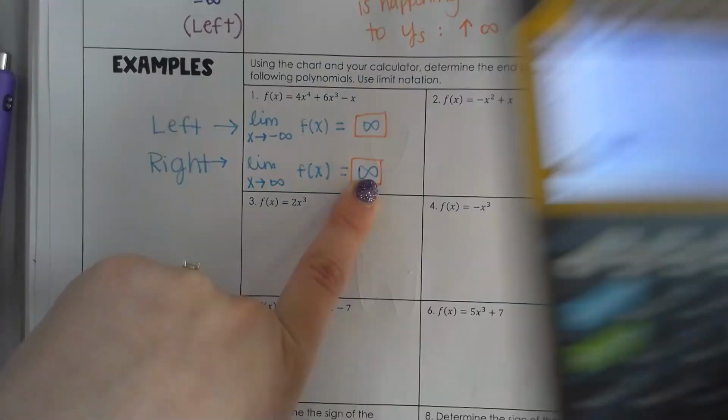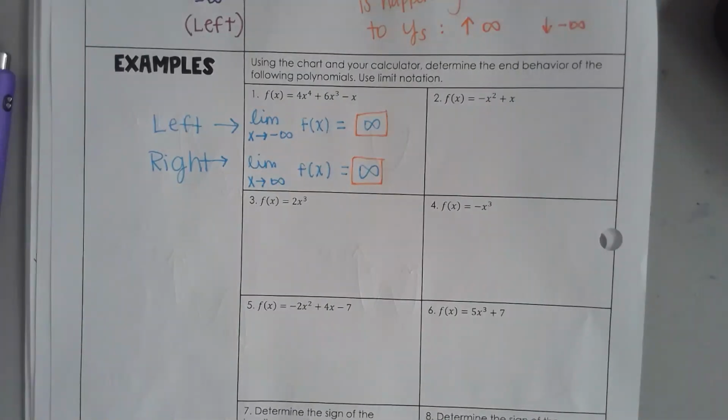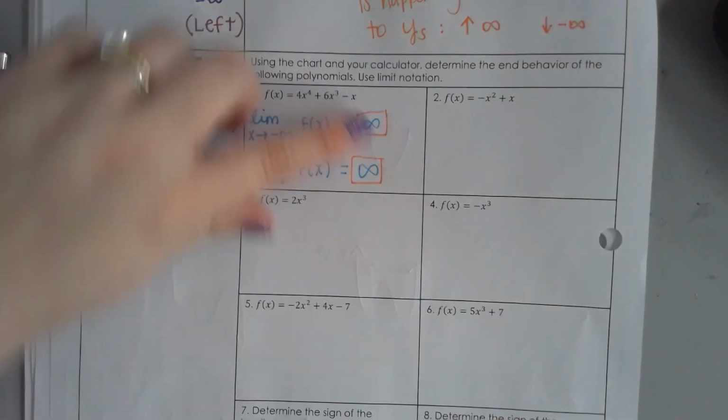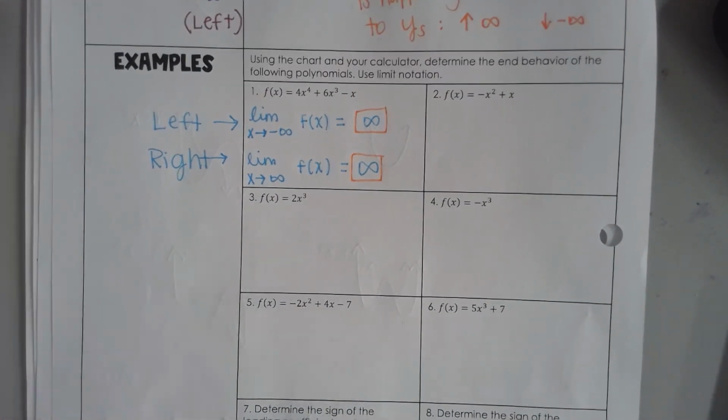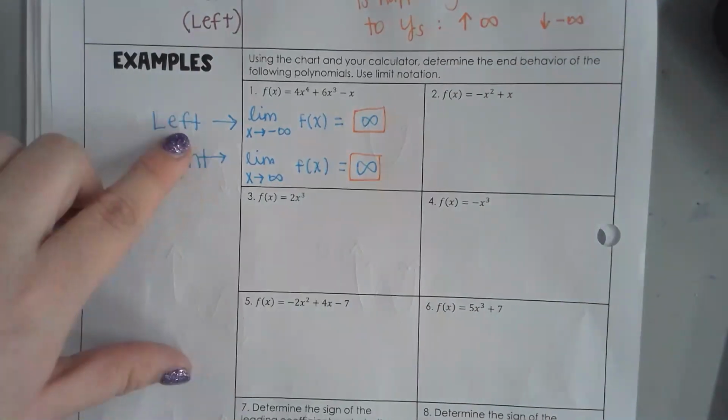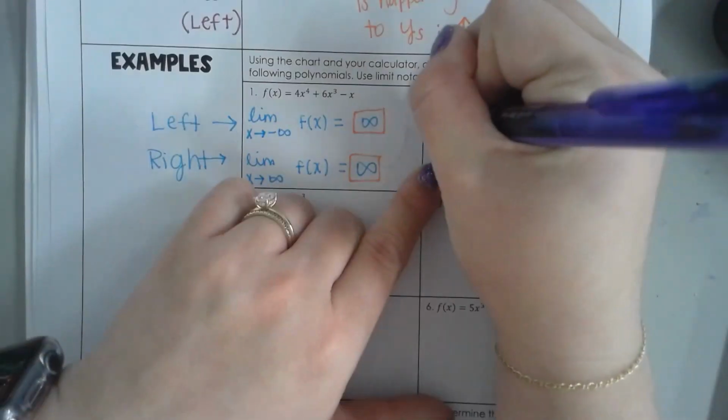Or looking at the graph, both of them went up. Or looking at the little chart that we made, both arrows pointed up. So they were both going to positive infinity. Right, so let's look at another one. Number 2, we're doing end behavior. Let's go ahead and write both of our limits.